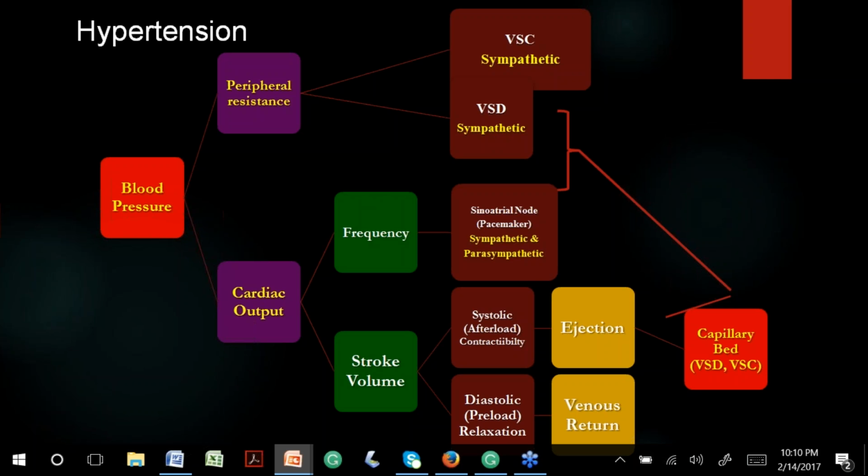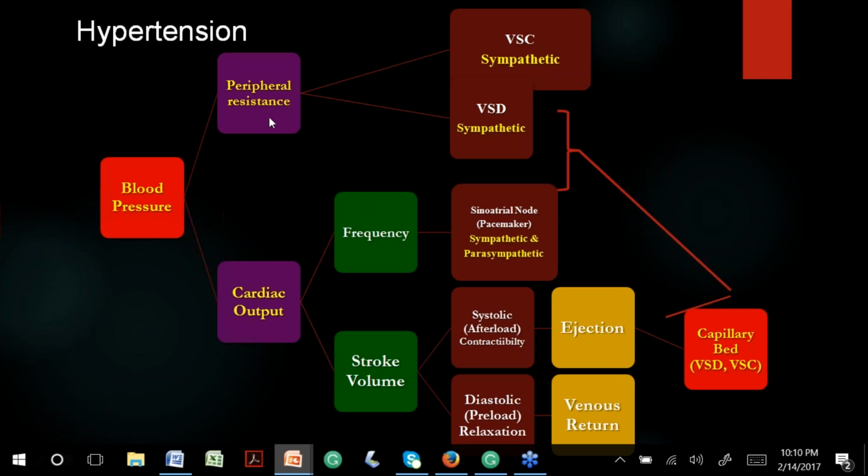Then the more volume you have, the more contraction is going to happen. That is the afterload. Diastolic is volume; systolic is the strength of the contraction, the contractility. So systolic is not related to the volume. Afterload is related to how strong the contraction of the ventricular muscle is.